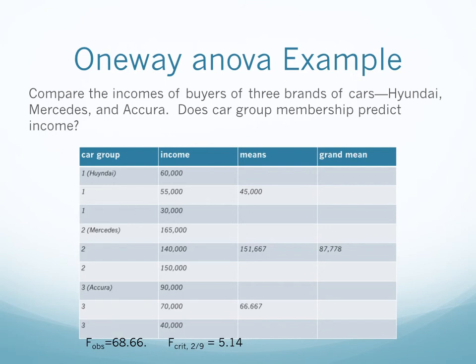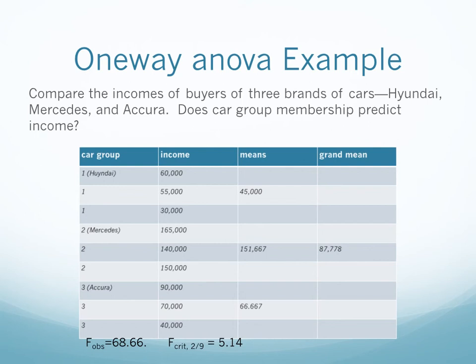So the question is, how much variance is within the groups? Well, if we calculate the f-test, we see that we have an observed f of 68.66, and f critical for 3 groups and an n of 9 is 5.14.